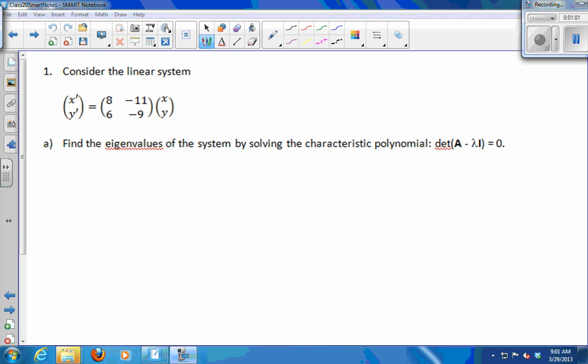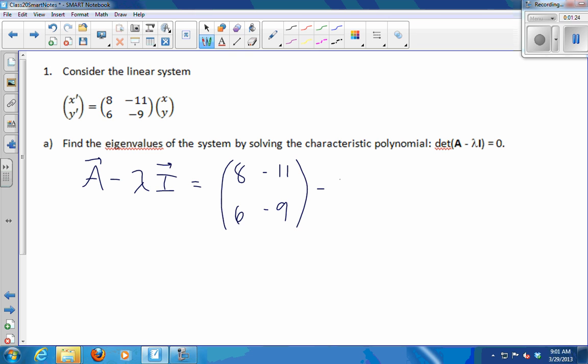Okay, everybody seems pretty good with finding the eigenvalues. I'm just going to review how to get the eigenvectors from them. For the eigenvalues, we take the determinant of A minus lambda I. A is 8, negative 11, 6, negative 9, minus lambda times the identity matrix, 1, 0, 0, 1. We get 8 minus lambda, negative 11, 6, negative 9 minus lambda.